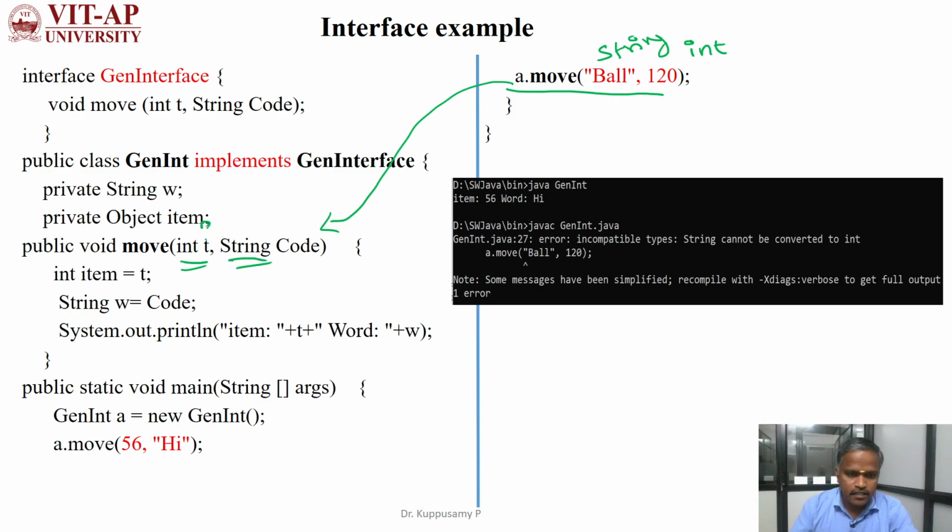There is a contradiction in the data type, so you get an error at compile time: incompatible data type, String cannot be converted to integer. So in a normal interface, whatever data type we use in the arguments, only that type of data can be passed. We cannot pass a different data type when using specific data type arguments.